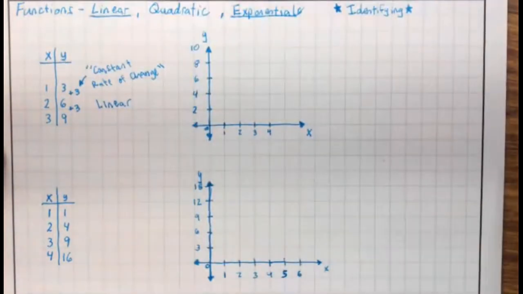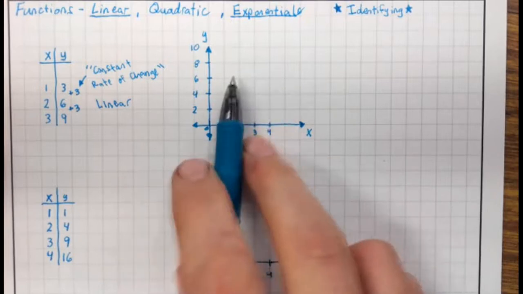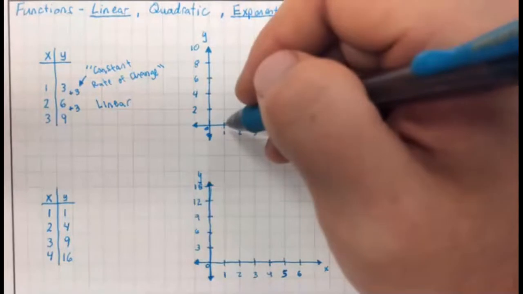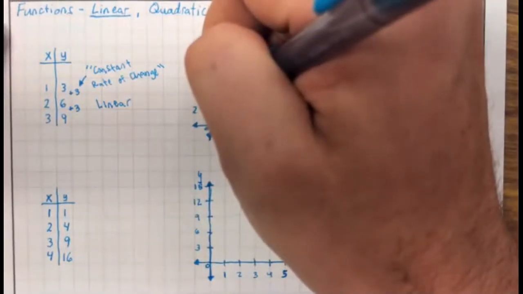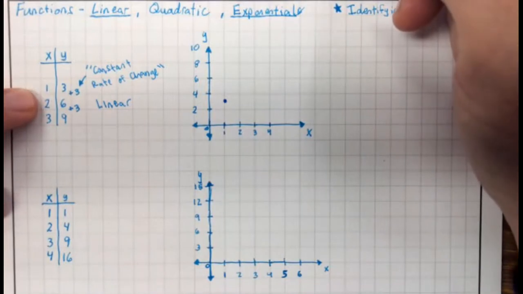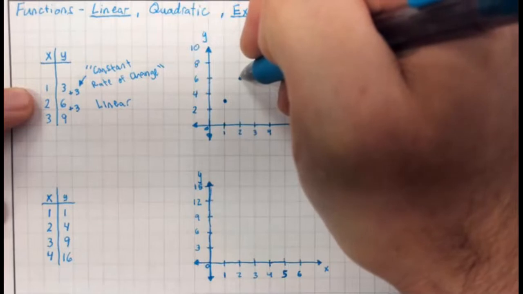Another thing you could do to check for linearity is plot the points. I've got a coordinate plane set up. I only have quadrant 1 because all my values were positive. So I go over 1, up 3. I just plotted this point right here. Moving on to the next point, I've got 2, 6, over 2, up 6.